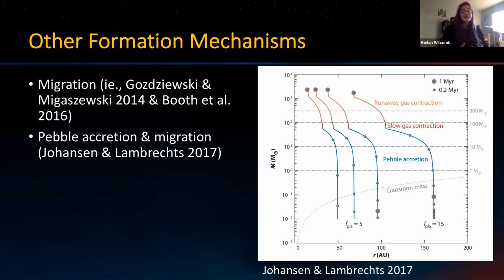Pebble accretion can easily form 3 of the HR8799 planets, but requires special conditions for the outermost planet. HR8799b requires 15 times the normal planetesimal density at a separation of 160 AU. Substantial migration is required due to low pebble accretion rate at that distance, demonstrated by this plot from Johansen and Lambrechts et al. 2017.